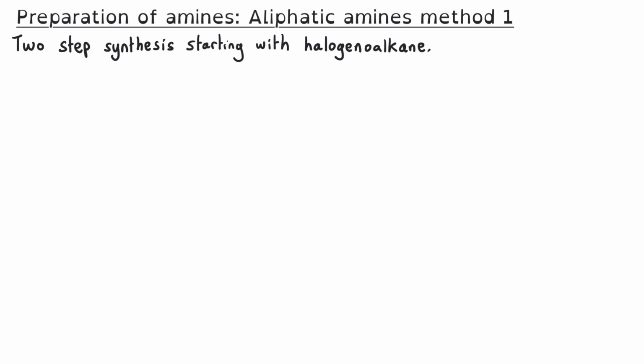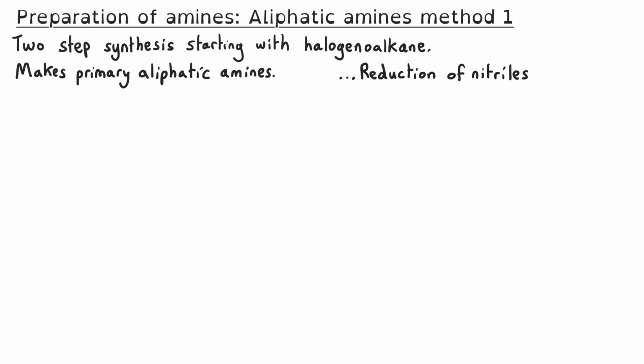We can prepare aliphatic amines in a two-step synthesis starting with a halogenoalkane. This method makes primary aliphatic amines, where the final step of the preparation is the reduction of a nitrile.